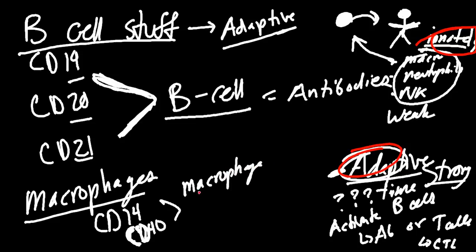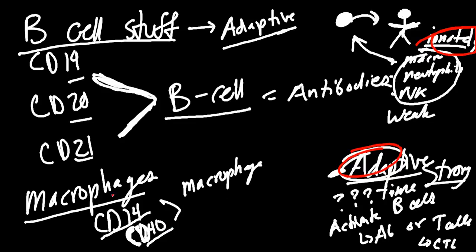I'm thinking macrophage until proven otherwise, instead of innocent until proven otherwise. You may also see CD14 on a dendritic cell or a couple other cell types. What CD14 is going to do is bind the lipopolysaccharides.